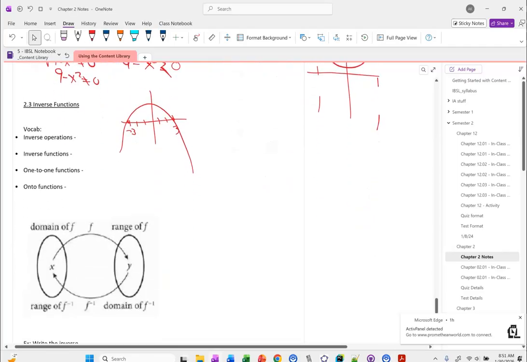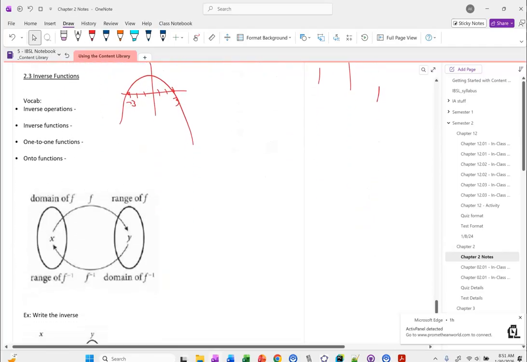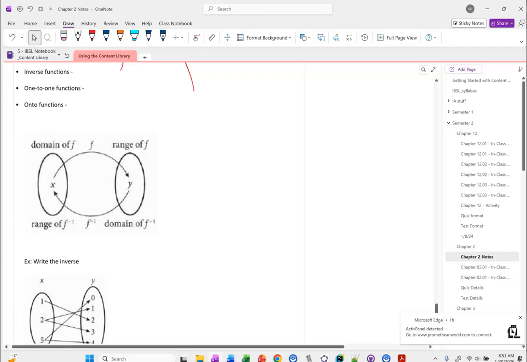All right, last set of stuff. Inverses. What does an inverse do? It undoes a function, right? So if my function sends x to y, my inverse is going to send y back to x. Okay?